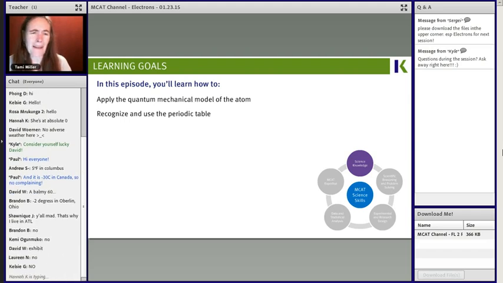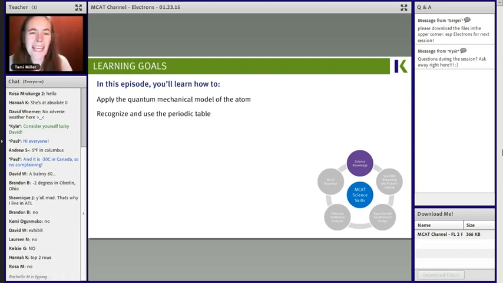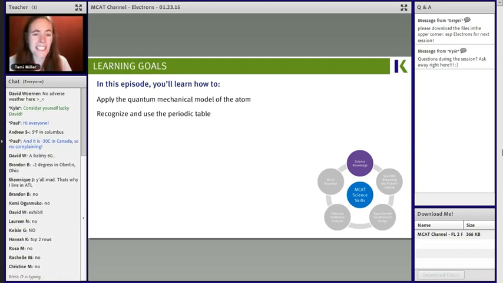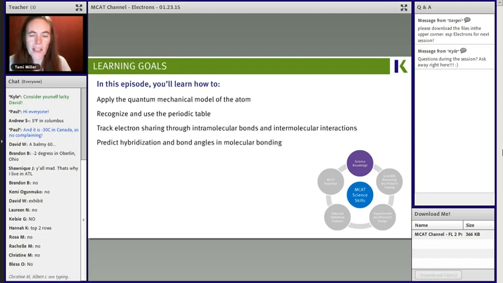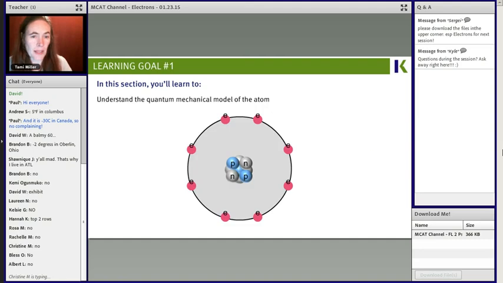Not at all. We've got that nice exhibit button. The AMC loves us, so we don't have to memorize it. We just need to know how it works. Then we're going to look at how electrons are being shared with our intramolecular and intermolecular bonding. And finally, we're going to predict hybridization and bond angles in our molecular bonding.